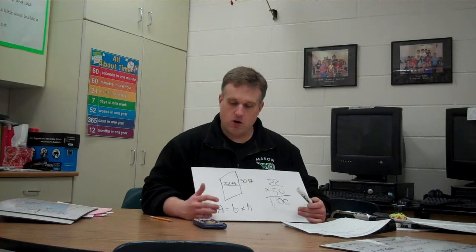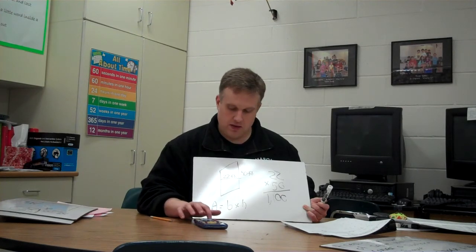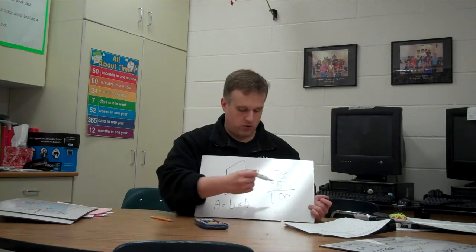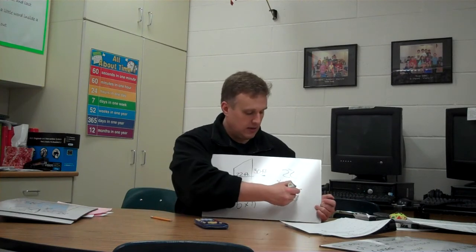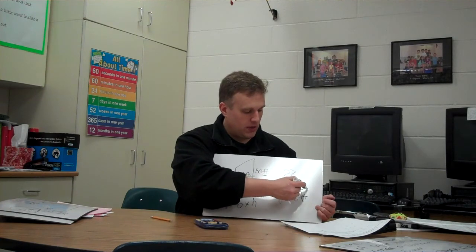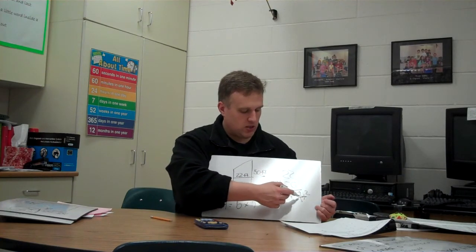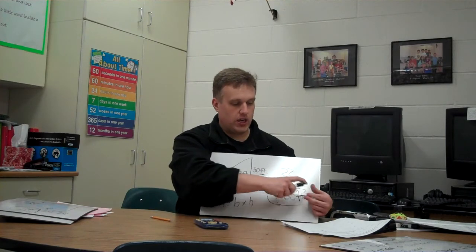I'm going to double check my work. 22 times 50 equals 1,100. Again, I go back to my label. This time it's a little different. It's in feet. And I want to make sure I square it. So 1,100 feet square is my answer for number 3.